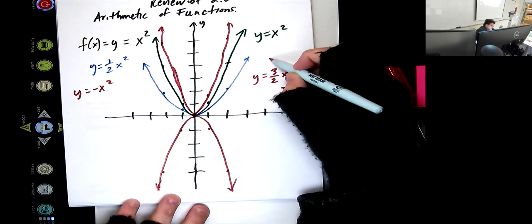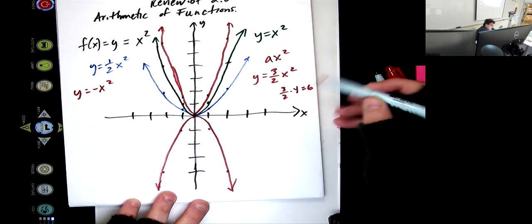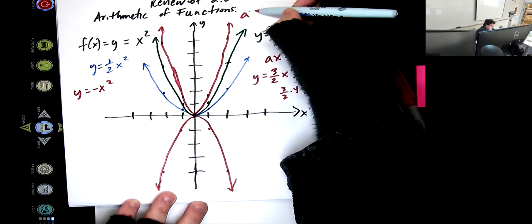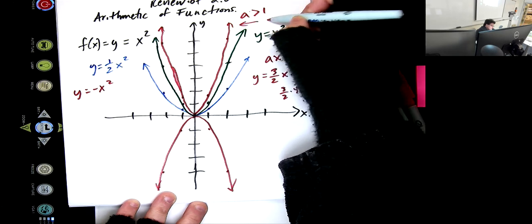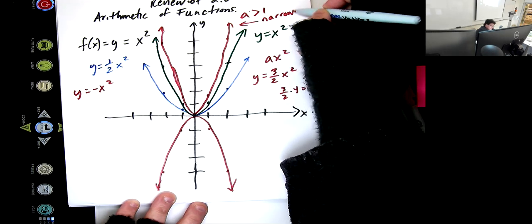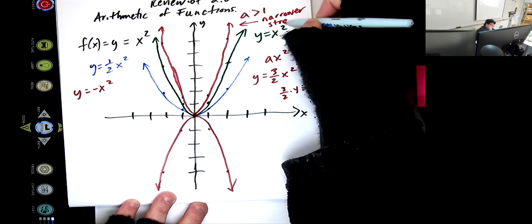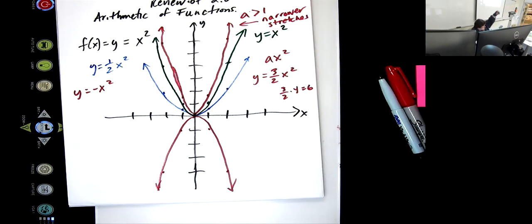So if we have ax squared, if a is greater than 1, it gets kind of narrower, or stretches it vertically.